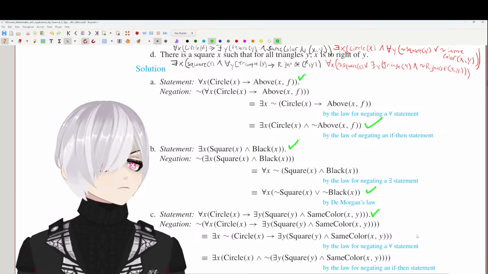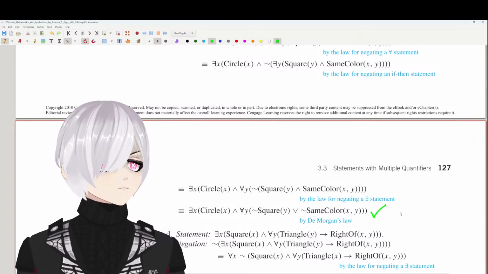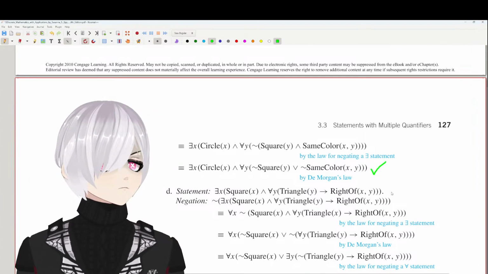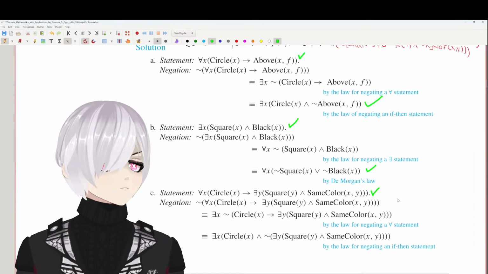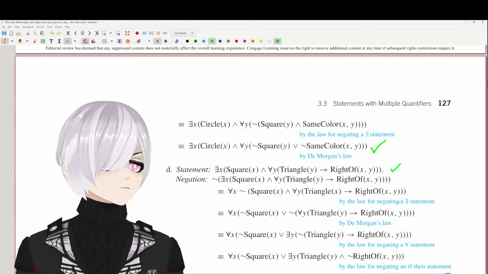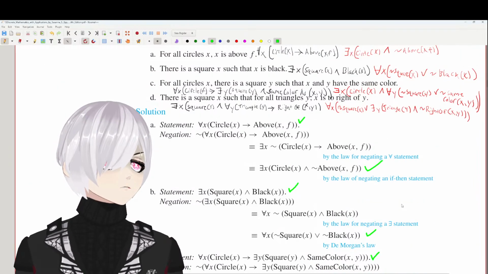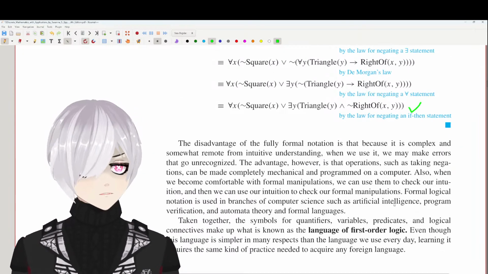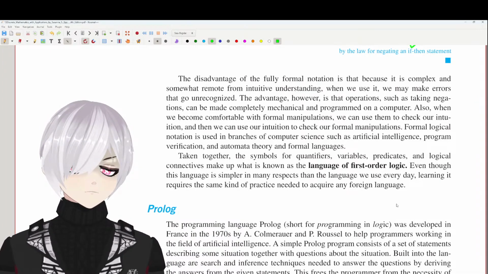We have C is this one. Okay. Yeah, so definitely in good shape with regard to the logical skills.